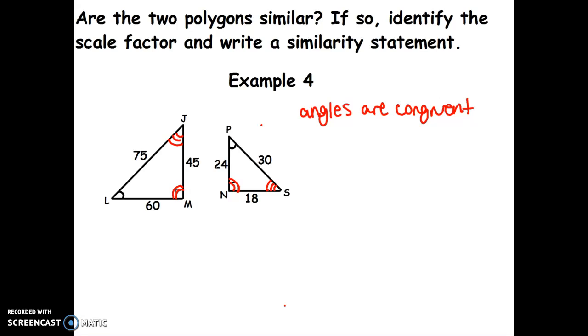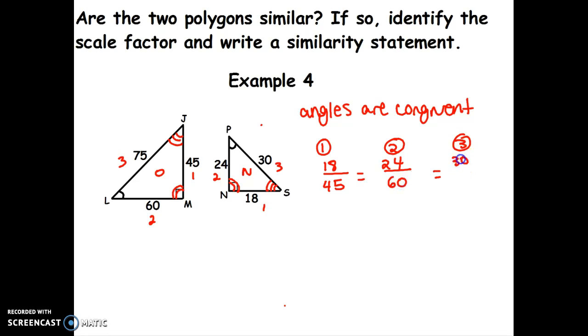All right, so let's go ahead and number our sides. 1, 2, 3. 1, 2, 3. Set up our fractions. So mix my old and my new. So that's 18 over 45, 24 over 60, and then 30 over 75.